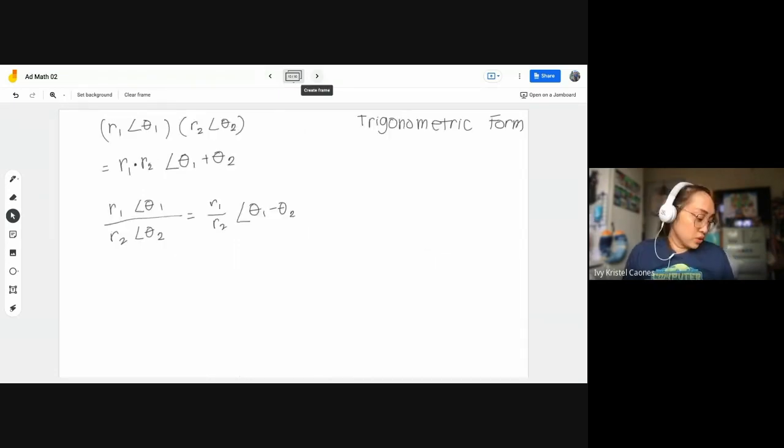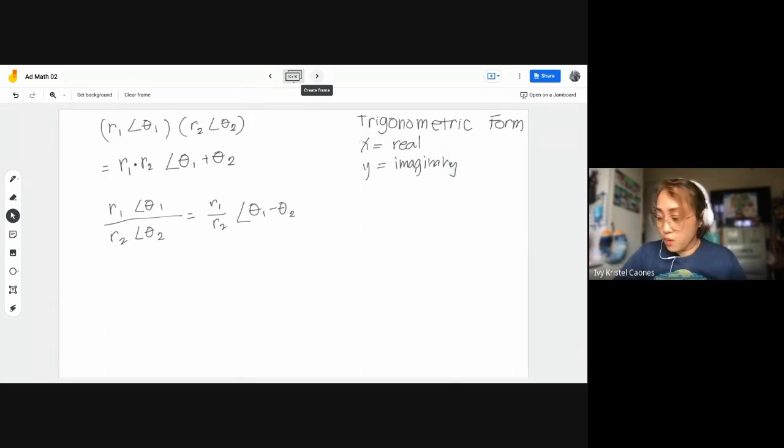Is that clear? So, we go back to our trigonometric form. In our trigonometric form, as you can see, the x is the real part, and it is along the x-axis, and your y is the imaginary part, or along the y-axis.